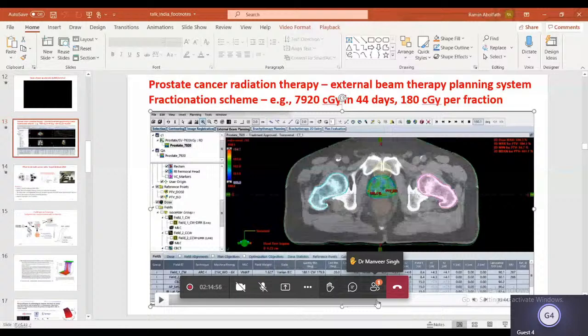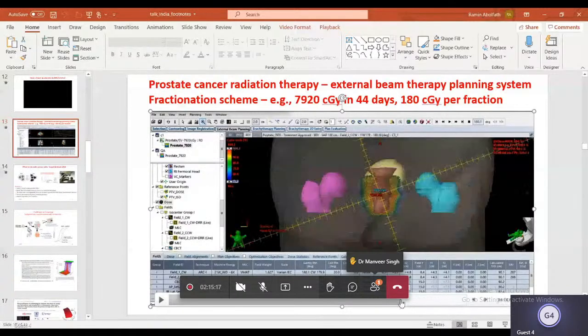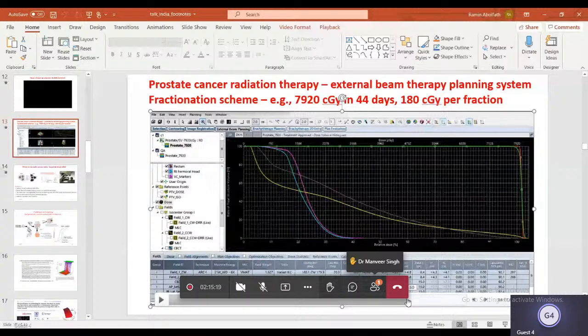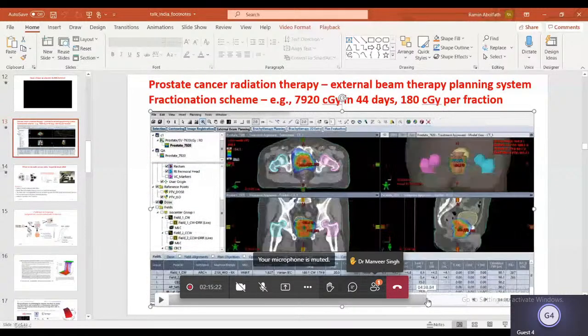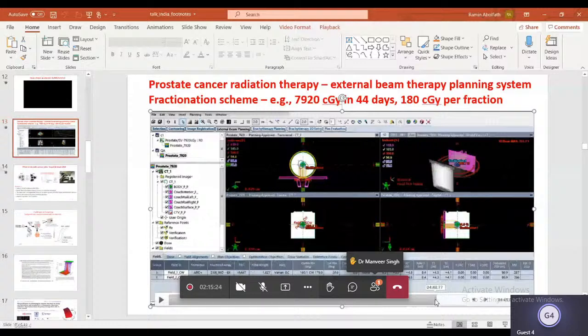Here, the algorithm for the calculation of the dose in photon for the Varian machines or Eclipse is, for example, AAA or other methods, which are kind of superposition convolution methods. So here, let me go. Oh yeah. In the previous part of this movie, you saw a human body.